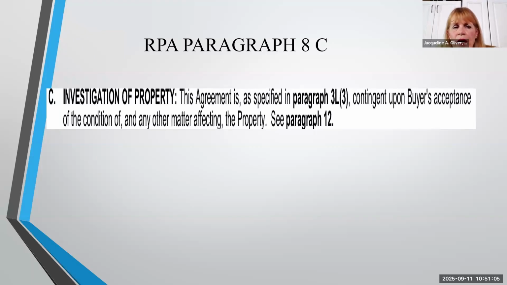It's contingent upon the buyer's investigation of the condition of any matter affecting the property. So it says to see paragraph 12. So this paragraph is 8C of the RPA. So the RPA is contingent. Their purchase is contingent. So if they want to remove it, they better be sure.